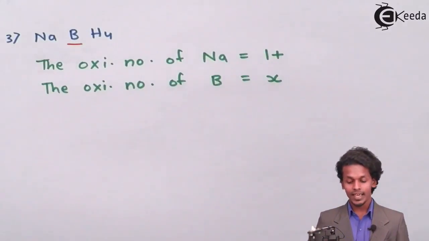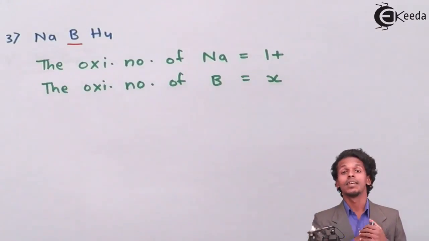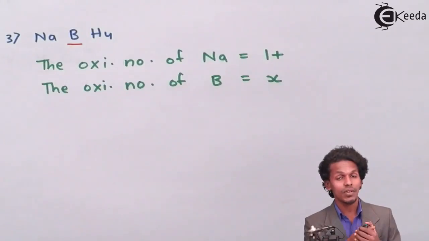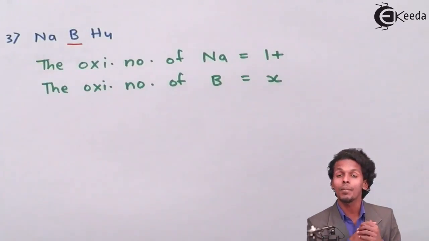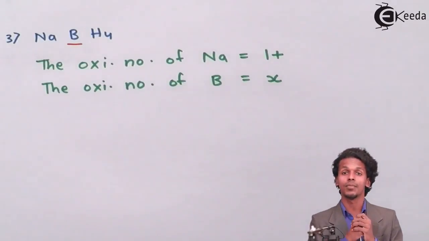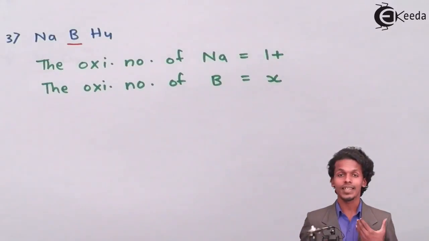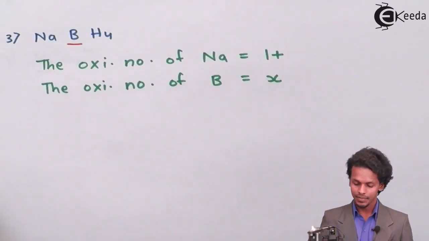So the oxidation number of hydrogen can be plus 1 also, that is 1 plus, and 1 minus also. Since this is a hydride molecule, the oxidation number of hydrogen in this case will be 1 minus.